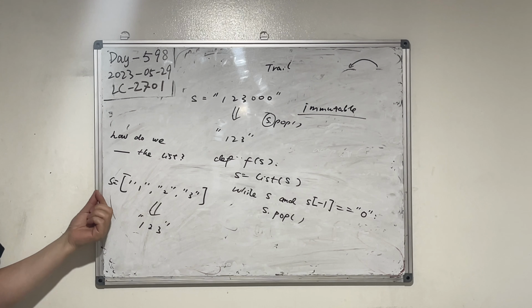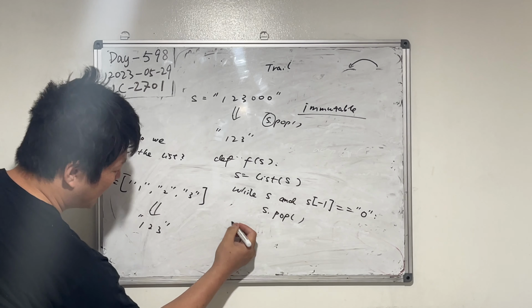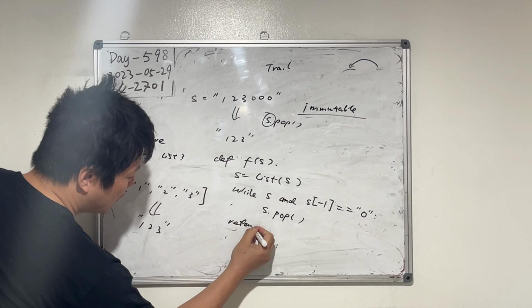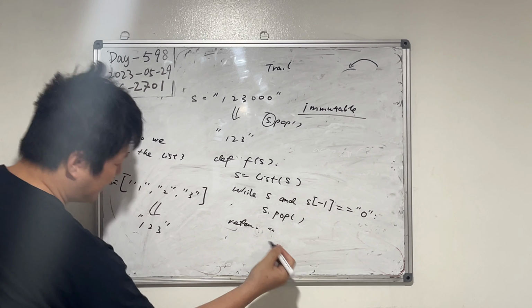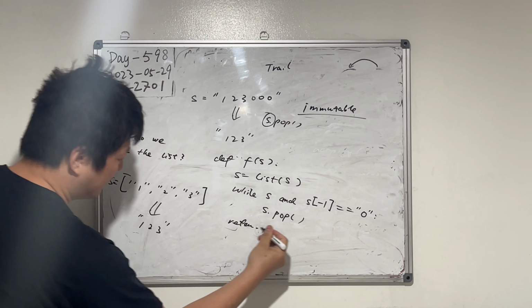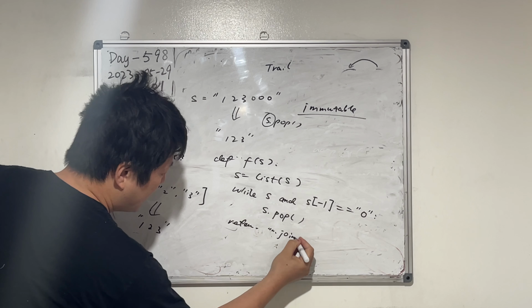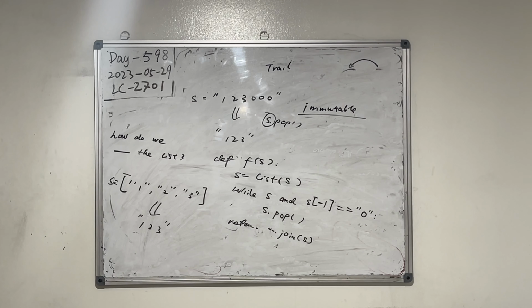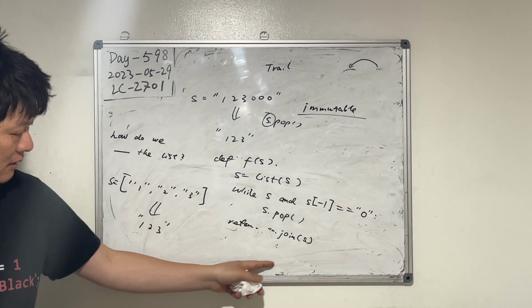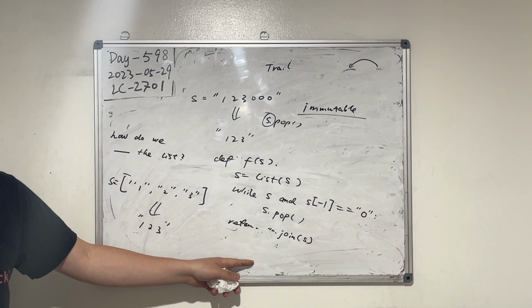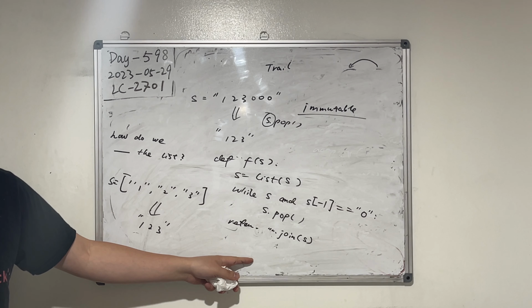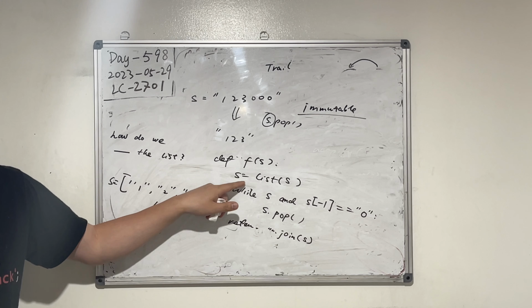Yes, we join. So return, we want to join with nothing, so it concatenates the characters. Join s. The time complexity, obviously we need to go through the string. The space complexity, converting to a list.